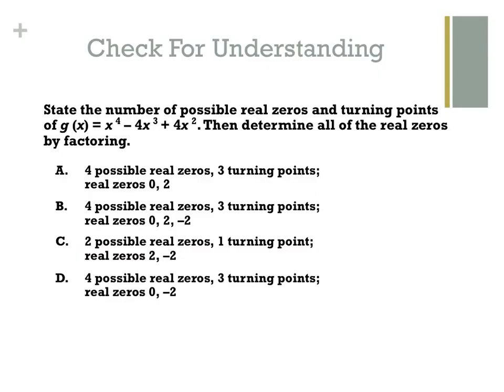Okay, so here we are at a check for understanding, and I want you to try this example on your own. I want you to state the number of possible real zeros and turning points for the function g of x equals x to the 4th minus 4x cubed plus 4x squared, and then determine all of the real zeros by factoring.